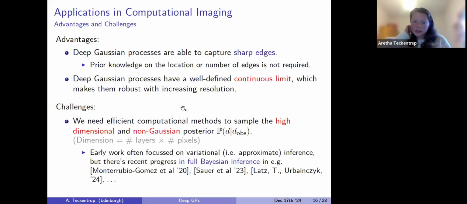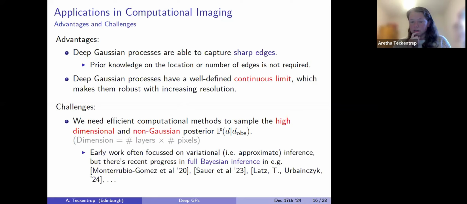The big challenge in this context is really getting efficient methods to sample from the posterior, right? So in the end, you want to learn what this posterior density is, so the density of the true image D given the observed image D obs. It's not known analytically, so you do have to use sampling methods such as Markov chain Monte Carlo methods to get it.